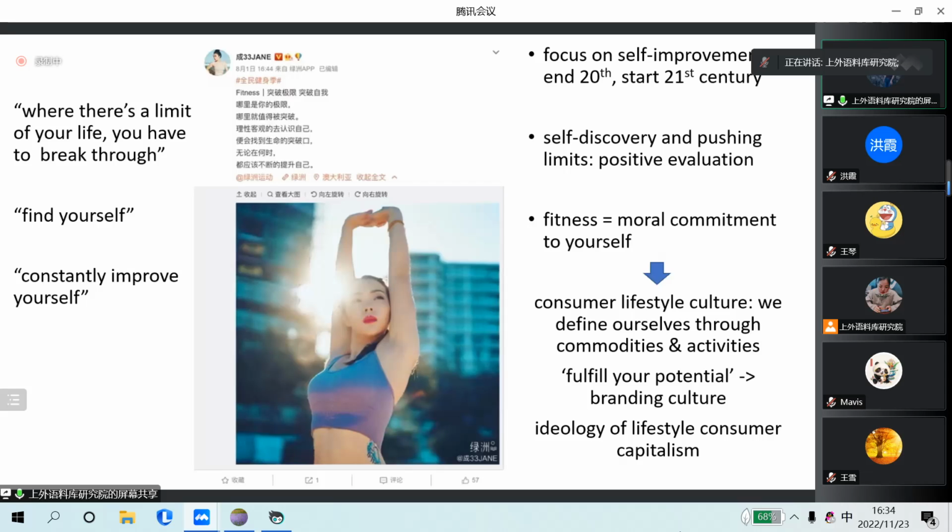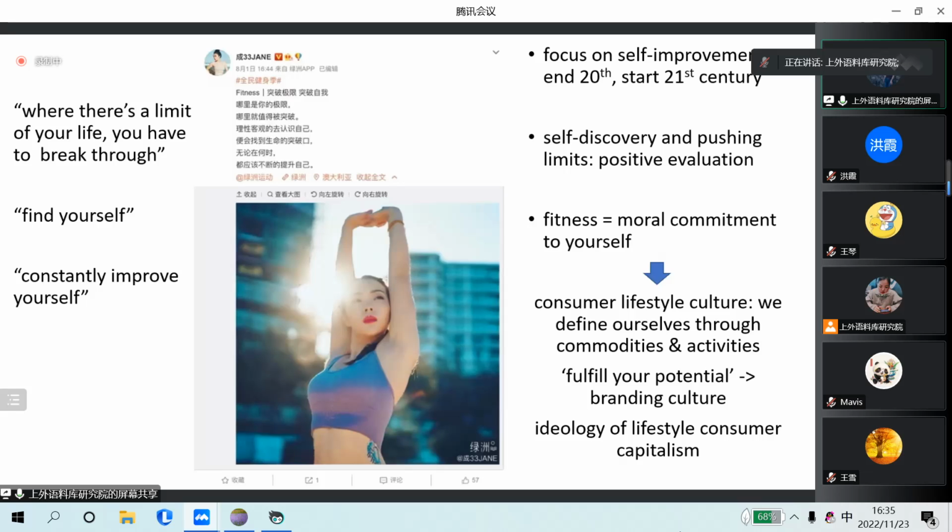But that's not the kind of discourse she's drawing on. Really what we're hearing is this focus on improving yourself and breaking the limit and so on. It's something that became popularized in the end of the 20th and start of the 21st century. We had a whole spate of these self-help books that came out, and the ideas of self-discovery and pushing limits, yeah, that all got very positive evaluations, as it does for this girl here.